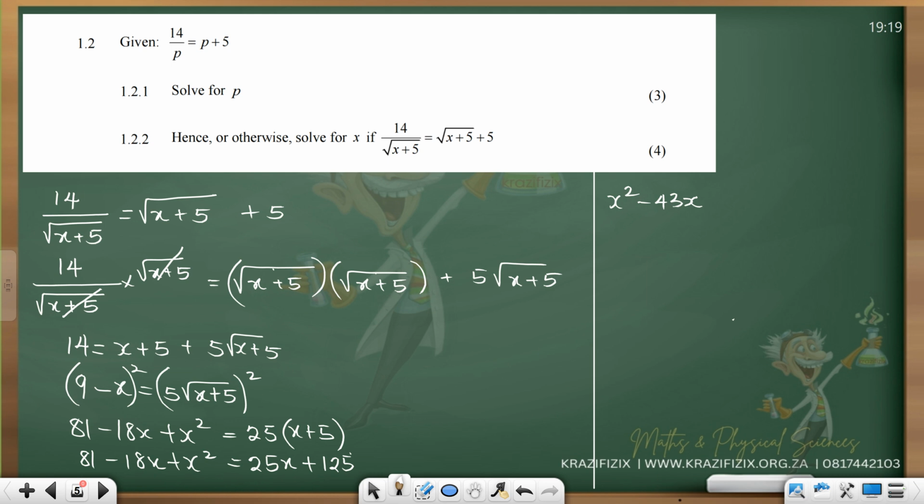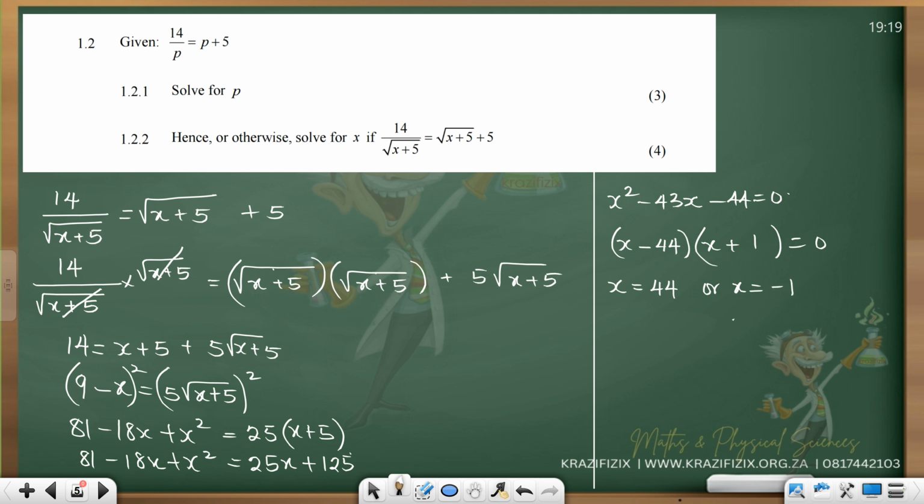Minus 44. Do we have factors? Yes. 44 and 1. x minus 44, x plus 1. So it's either x equals to what? Negative 44. No, sorry. Positive what? 44.